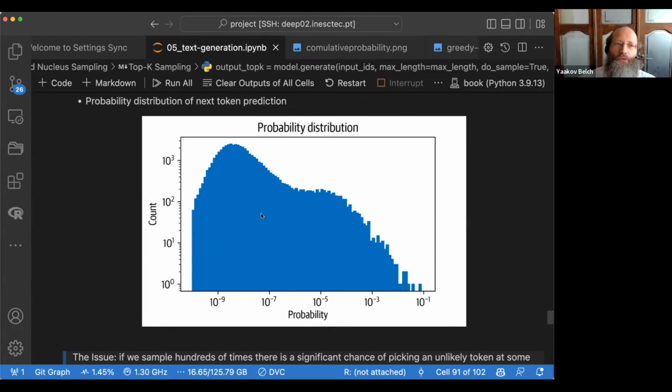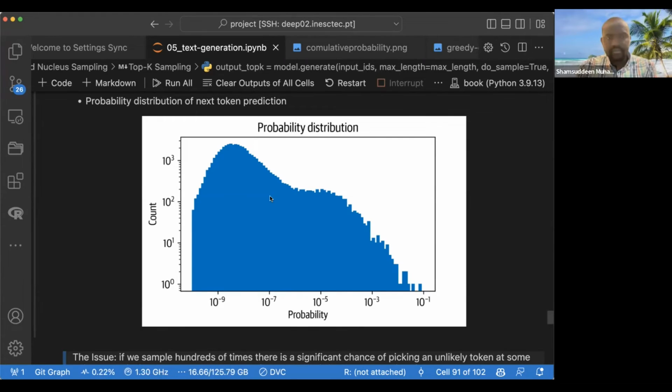But if you fix the probability, you could say, I only include words which make sense, and anything which is meaningless will not be included. This would be an advantage of fixing the probability, but not the number of words.